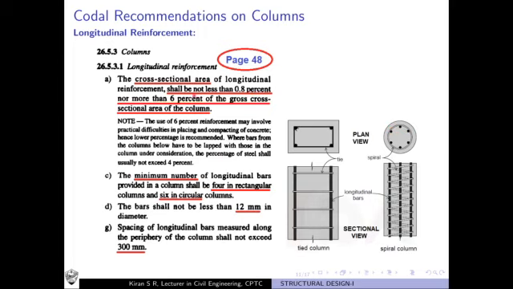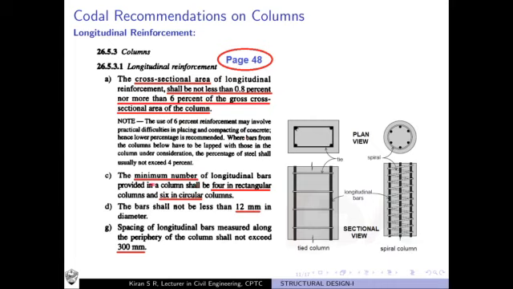So the area of the longitudinal bars should be somewhere between 0.8% and 6%. Remember, it is a very important condition. Just keep it by heart. The cross-sectional area of longitudinal bars in the column cross-section should lie between 0.8% and 6%. This is useful for the design.